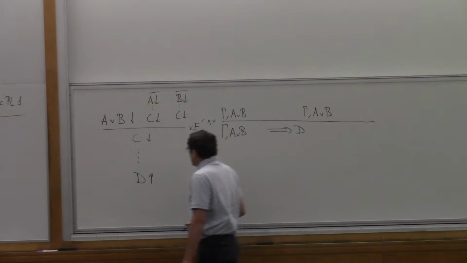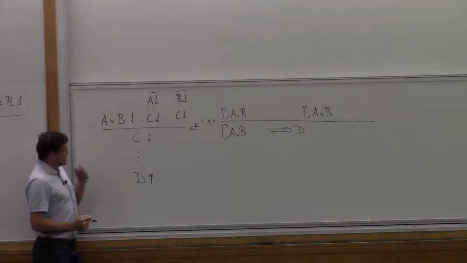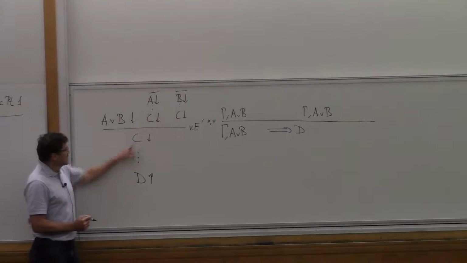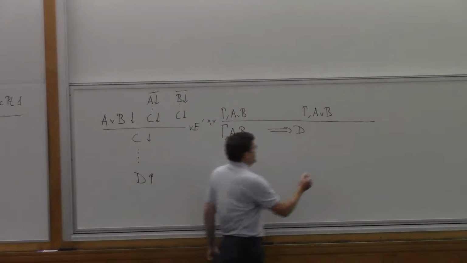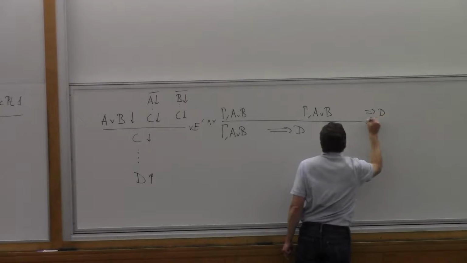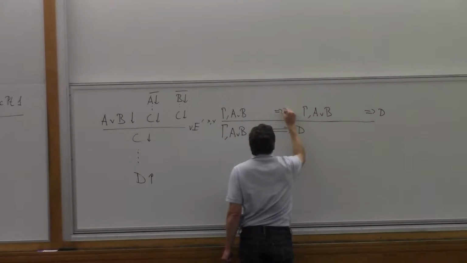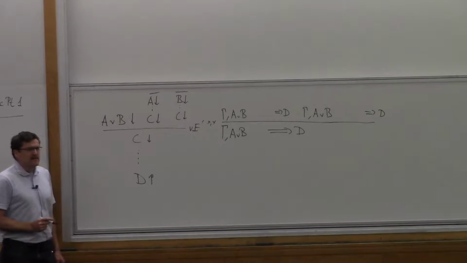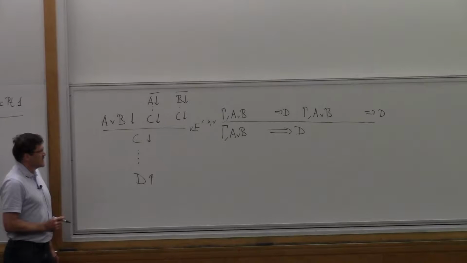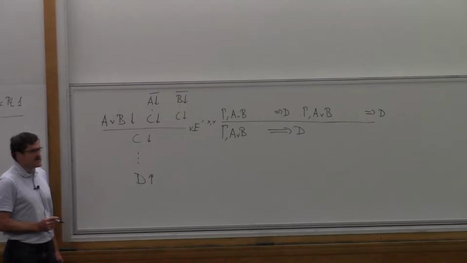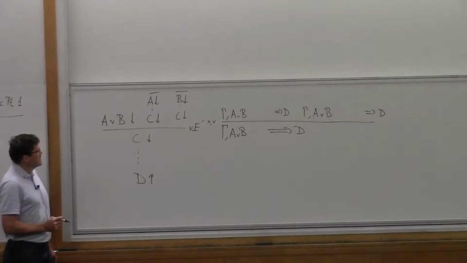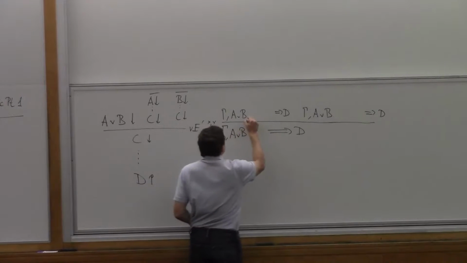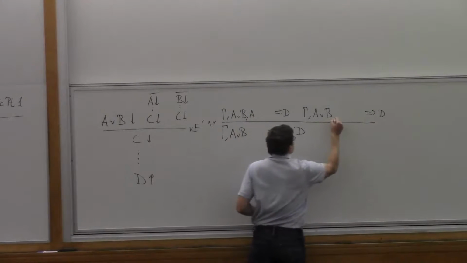In both branches it becomes really tricky. I want to say we're still trying to prove D, because C is on the left-hand side, so we should still try to be proving D. At this point I got stuck, because maybe in this branch we should have A as an assumption, and here we should have B as an assumption.